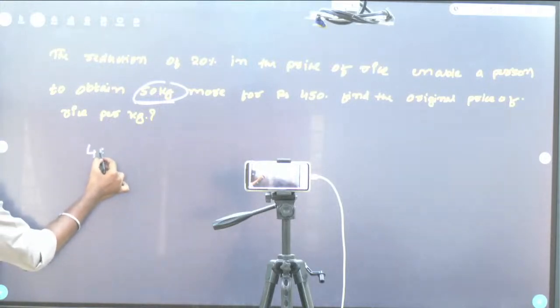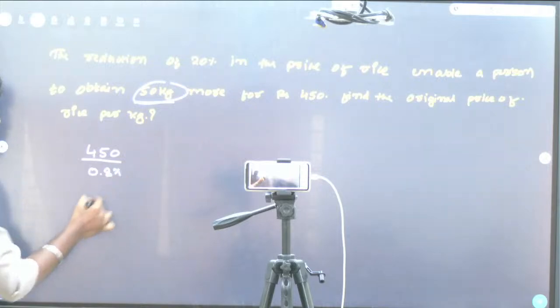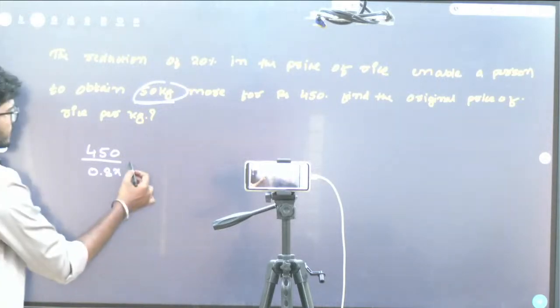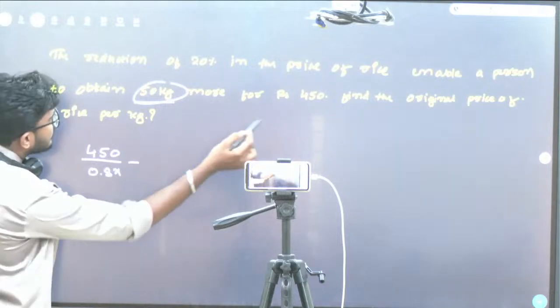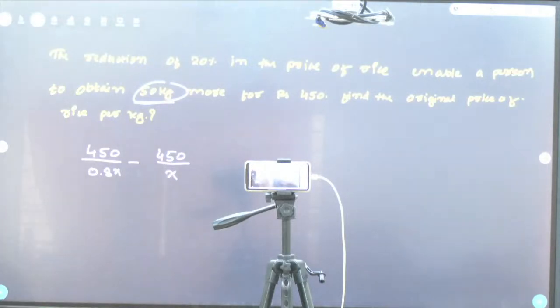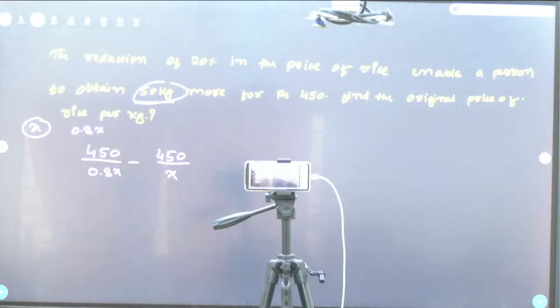What is the price? 20% reduces means 0.8x. Initial price per kg was x, now with 20% reduction it becomes 0.8x. The total is 450. If you take 100x, the other should be 80x.